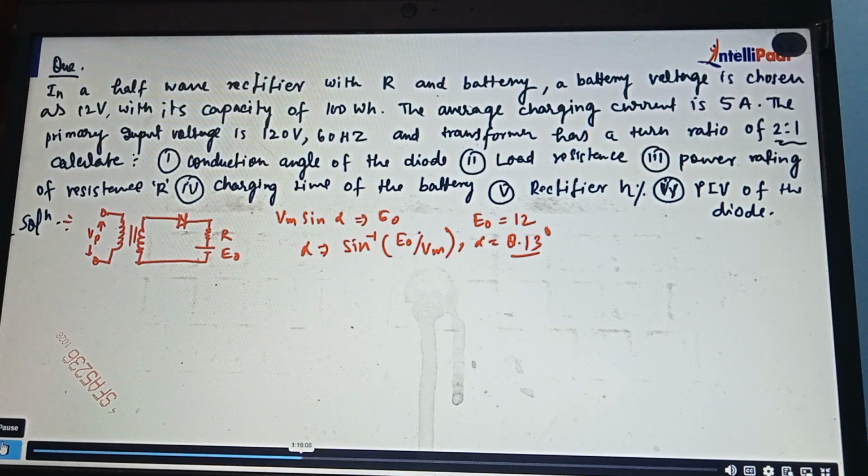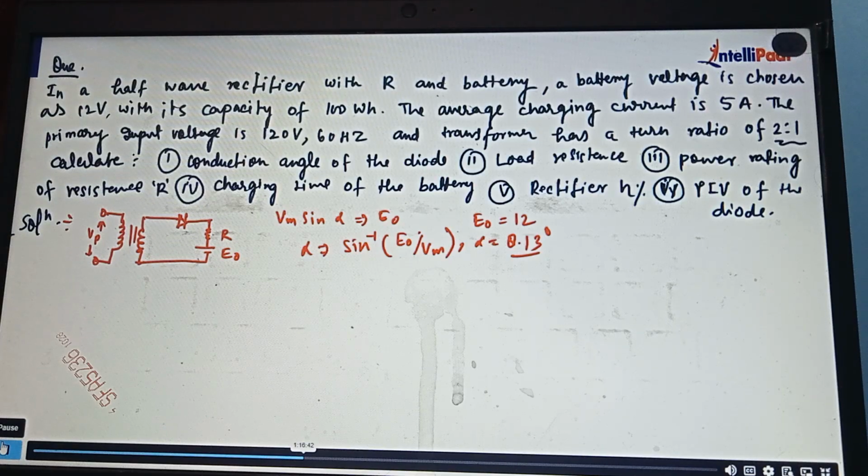Calculate the load resistance. So for calculating the load resistance, what do we have to calculate? What is the value of load resistance? 4.26 ohm.